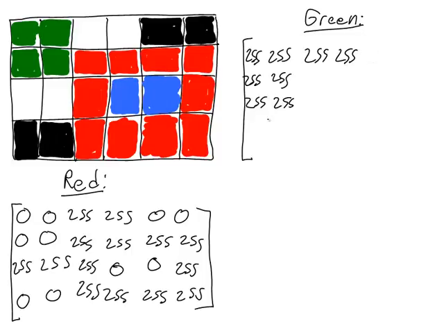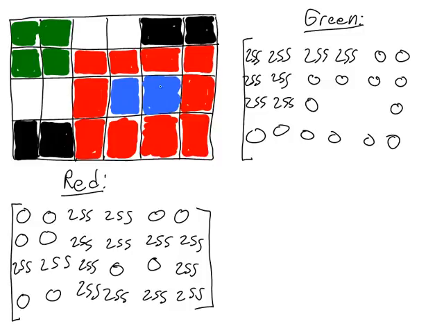The black pixels will get an intensity of 0, as will all of the red pixels. And the blue pixels will also give 0.